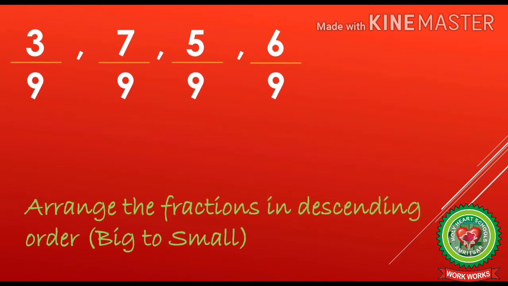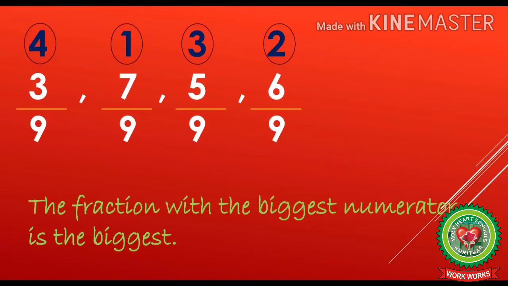As you can see, the denominators of all the fractions are the same. Now we have to arrange these fractions in descending order, that is from the biggest to the smallest fraction. As we know, the denominators of all the fractions are the same. The fraction with the biggest numerator is the biggest fraction.